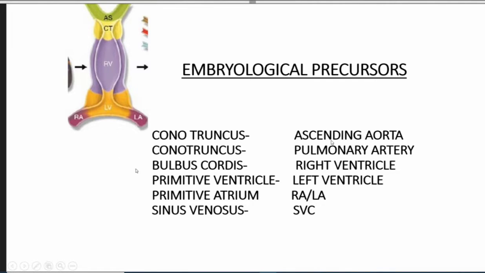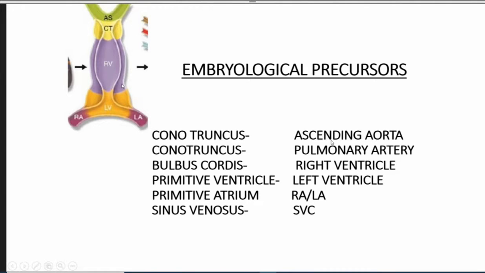So that means the blood flows from the veins into atria, which is a common chamber, into left ventricle first, then into right ventricle, and then into aorta and pulmonary artery. So it's a unidirectional flow.